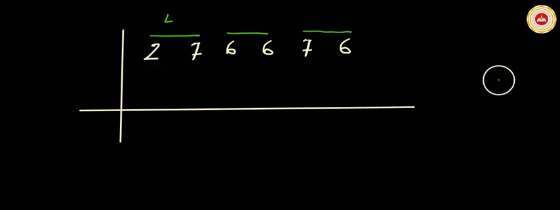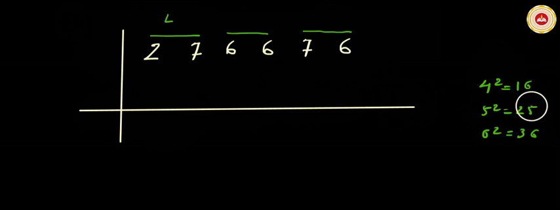We know the squares. 4 squared is 16, 5 squared is 25, 6 squared is 36. So friends, 25 is nearest to this 27. Though 16 is less than 27, it is not nearest like 25, and we cannot consider 36 because 36 is greater than 27. So let us consider 5 squared is 25.